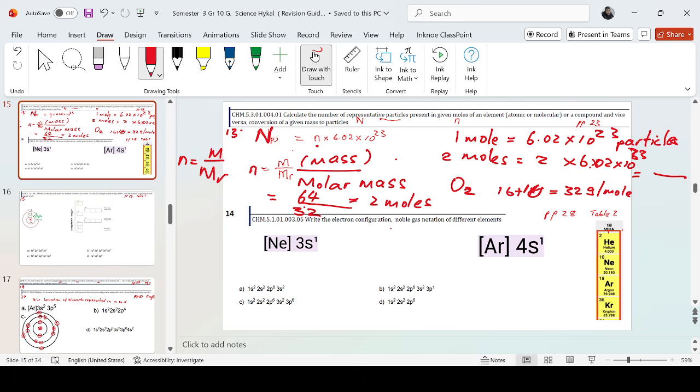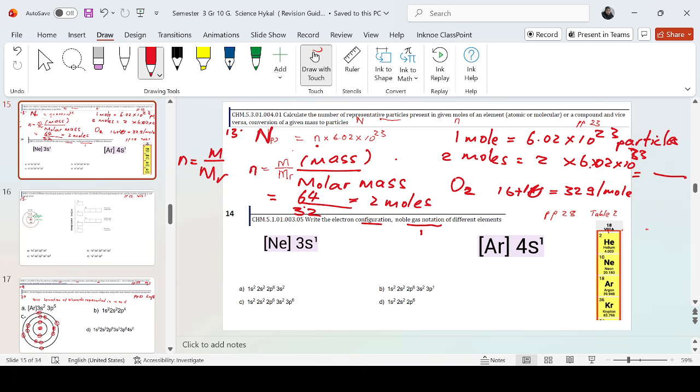Write electron configuration, noble gas notation, for different elements. Configuration, I told you, means arrangement. Using the noble gas notation for different elements, remember, these are the noble gases.